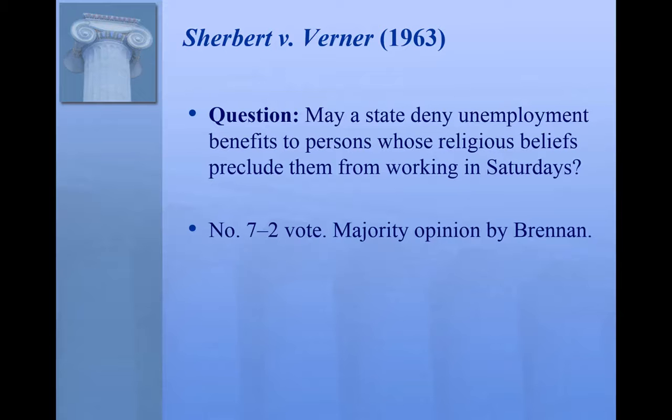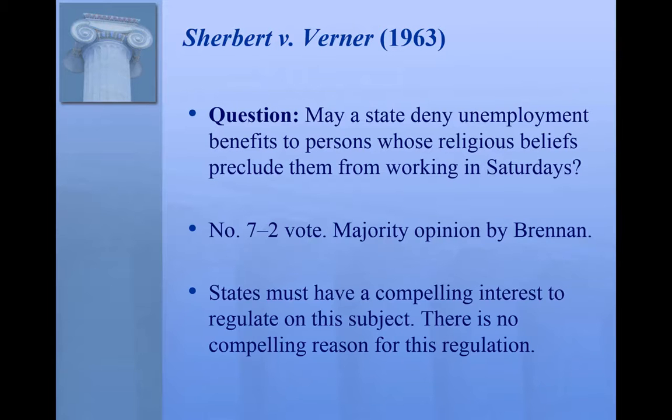So let's get this straight here. In Reynolds, the court rules in favor of the state and against the practice. In Braunfeld versus Brown, the court rules in favor of the state against the religious practice and in favor of the regulation. But here in Sherbert versus Verner, the court rules in favor of the religious practice.